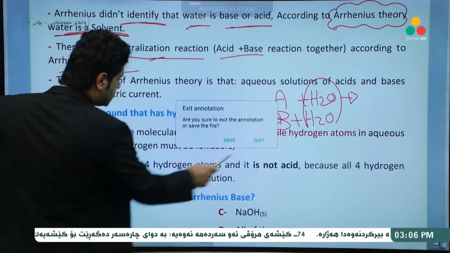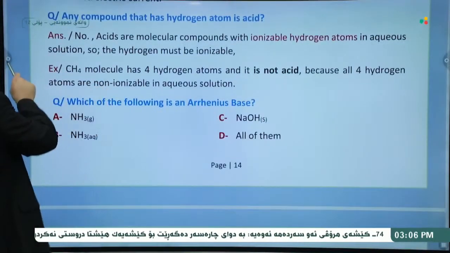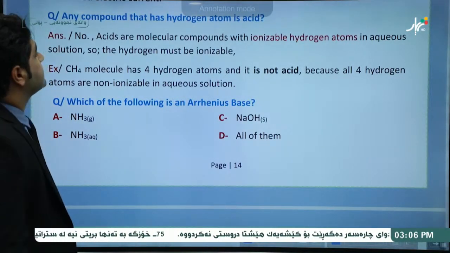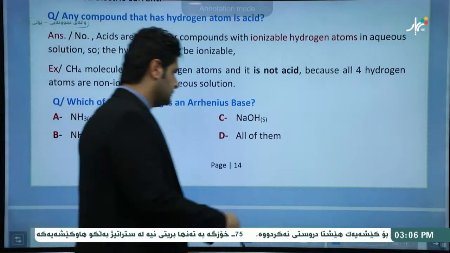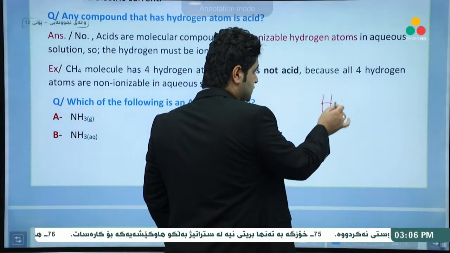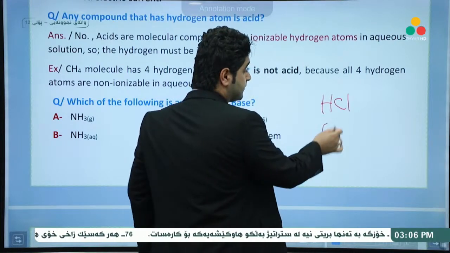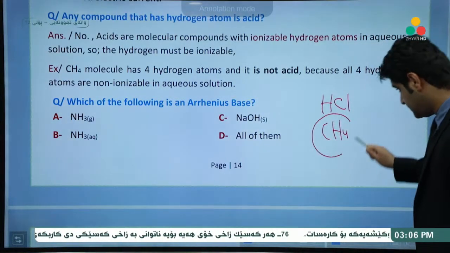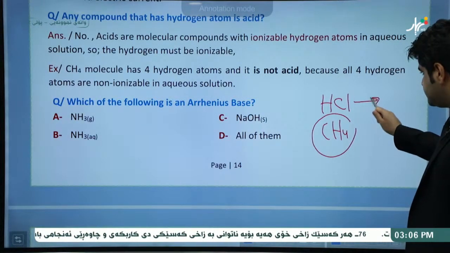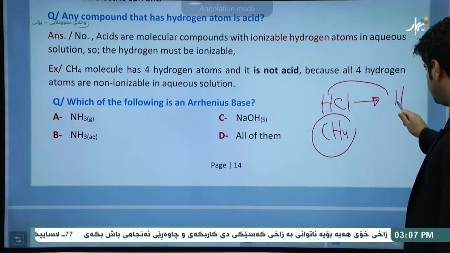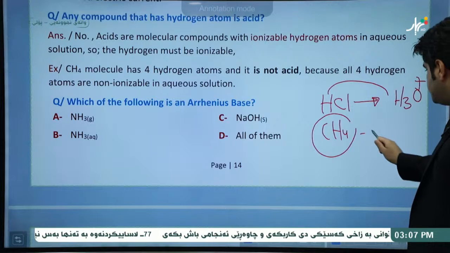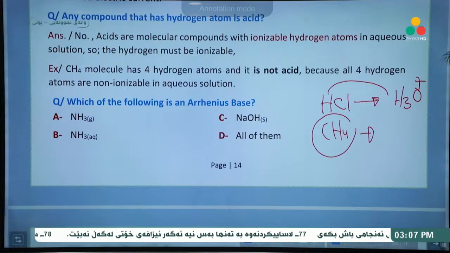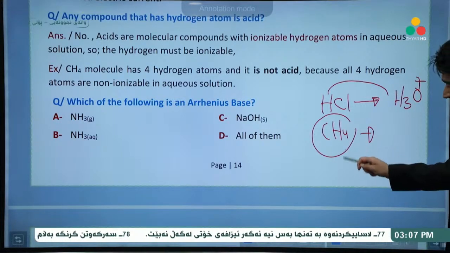Good. Look, any compound that has a hydrogen atom is an acid? For example, HCl. Yeah, HCl is an acid. What about CH4? Well, I cannot say CH4 is an acid, because HCl can produce hydronium ion, but here, no, it doesn't. It's a molecular compound, it's even a non-electrolyte. So how can we say it's an acid?